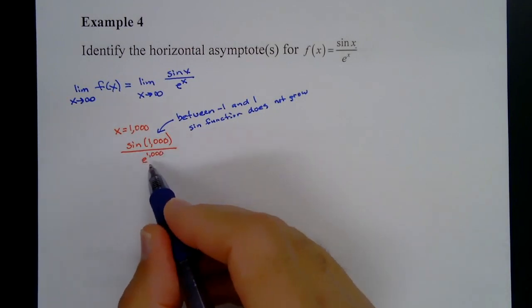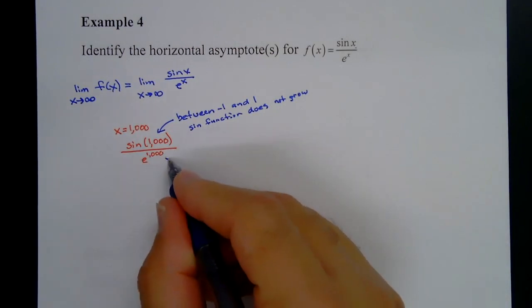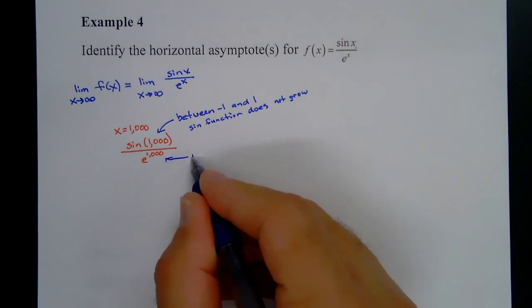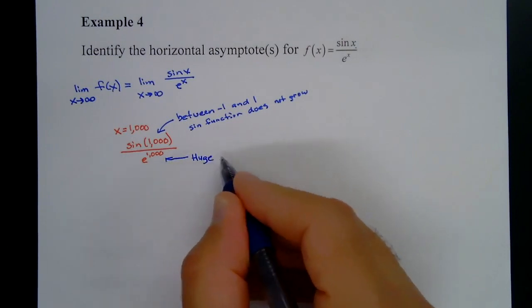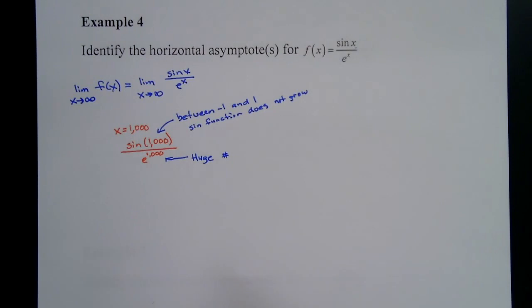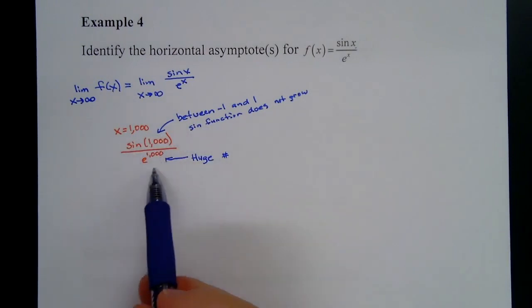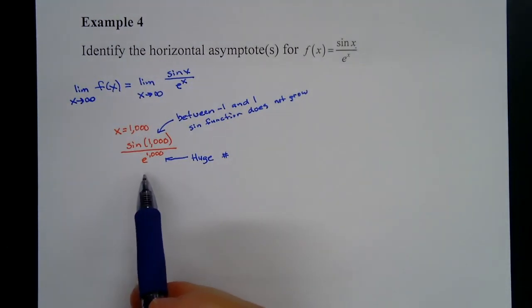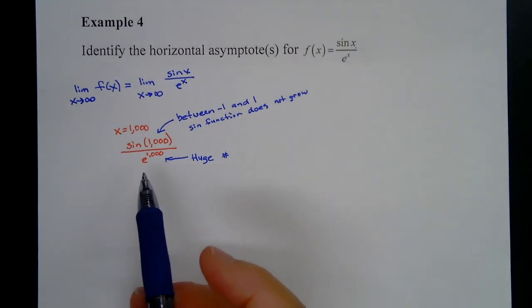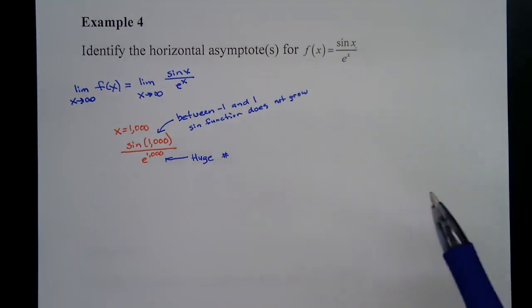E to the 1,000 is going to be a huge number. Well, what happens when we take some number between -1 and 1 and divide by a huge number? That's going to get closer and closer to the number 0.